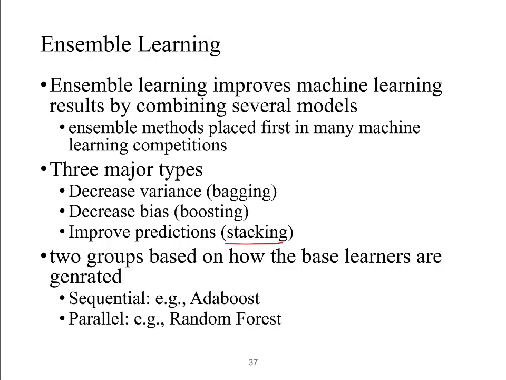The first group is when the base learners are generated sequentially, for example in AdaBoost, and the second group is when the base learners are generated in parallel. An example is random forest, and also stacking is another example.